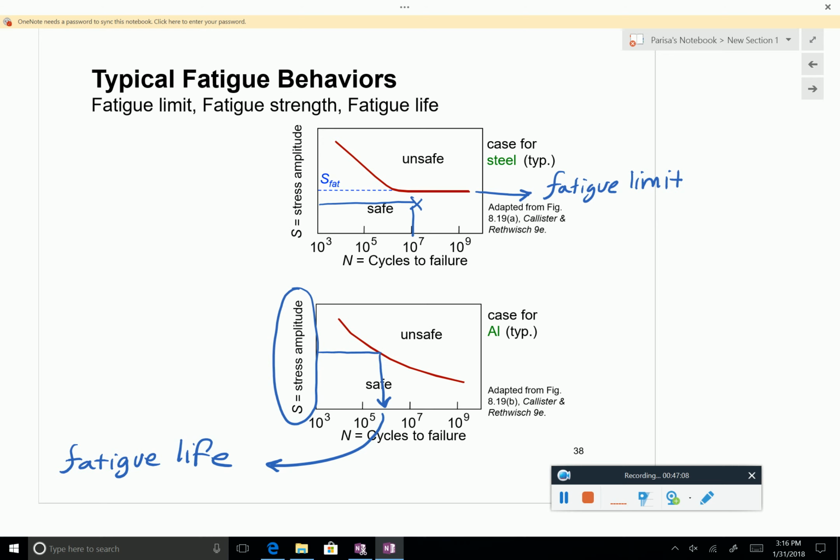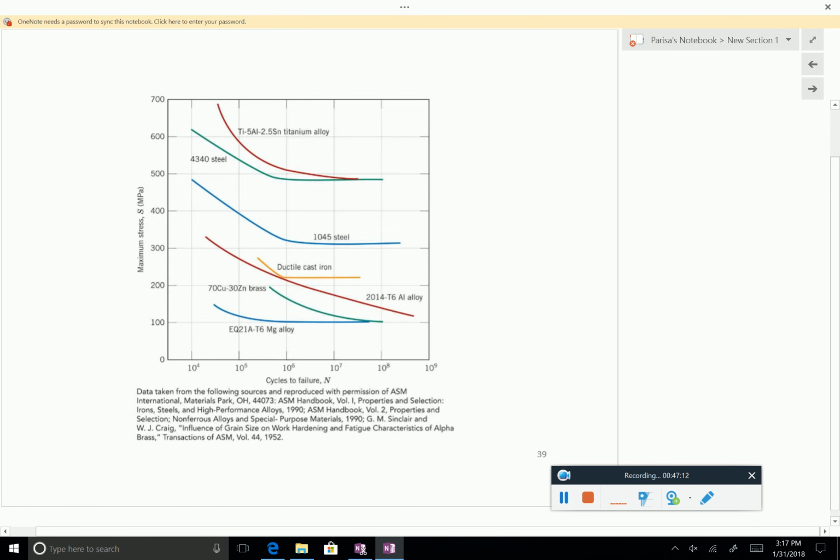One of your homework problems is asking something like that. And here are some other alloys and materials, and you see that depending on the material, you have different kinds of curves.